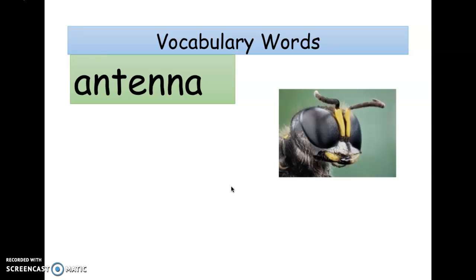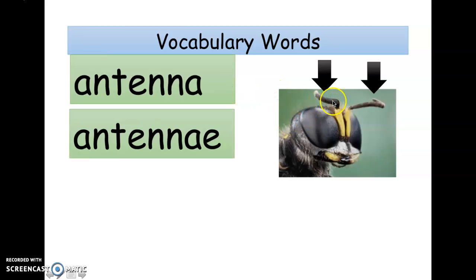Antenna. Can you find an antenna on this picture? This one? No, those are eyes. Here. That's the mouth. These little horns, those are called antennae. When there are 2, you say antennae. When there is 1, you say antenna.